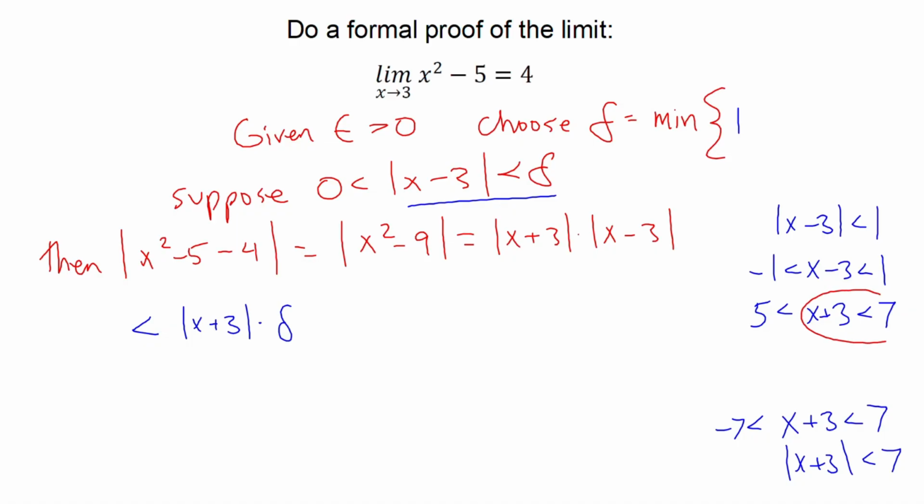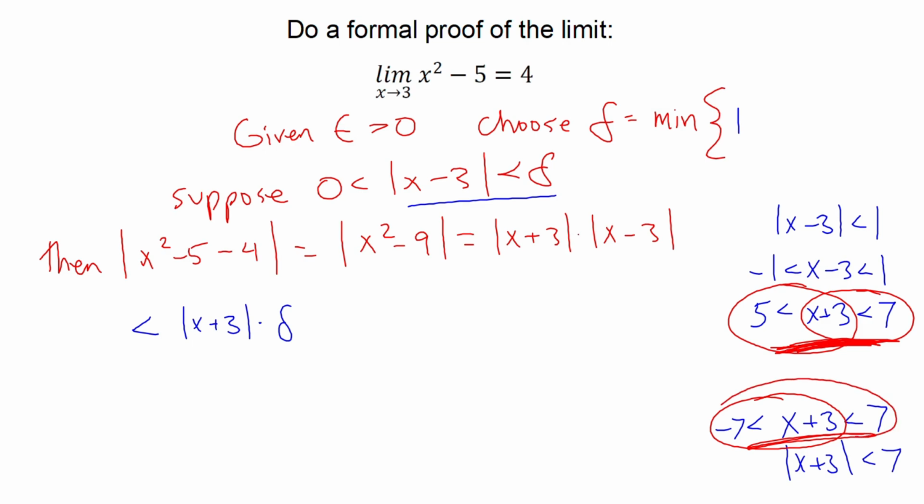If x plus 3 is greater than 5, it must also be greater than -7. So anything that satisfies our inequality up here also satisfies this one down here, which means that this is also satisfied by everything we've said up here.